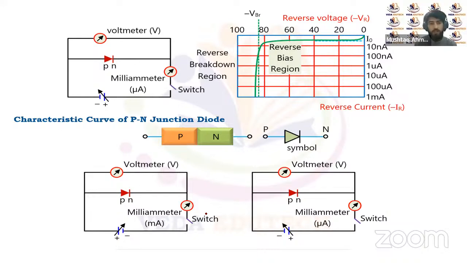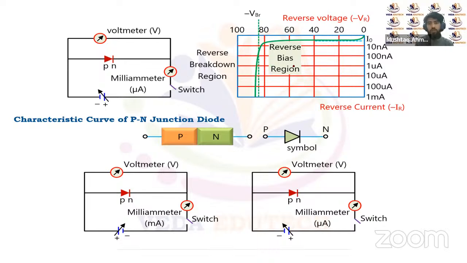Now you can see here the characteristic curve of reverse biasing of the PN junction diode. In the reverse bias region, the reverse current increases. Then at some point there occurs a breakdown.